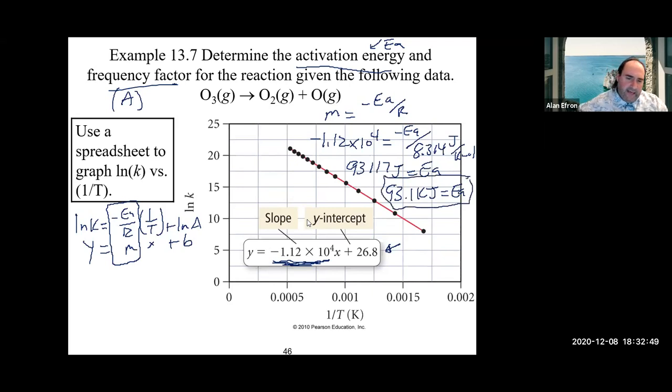This is why the negative is important here, because that negative and that negative turns our activation energy into a positive number, which is what it should be.